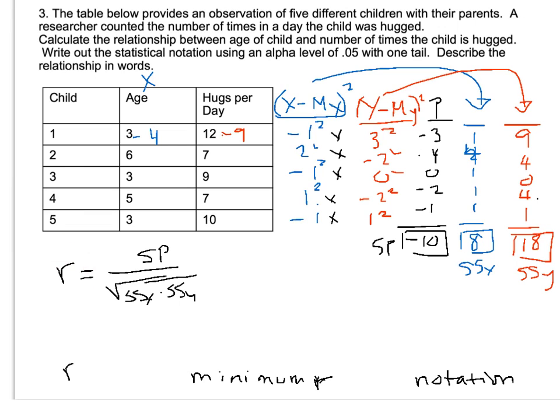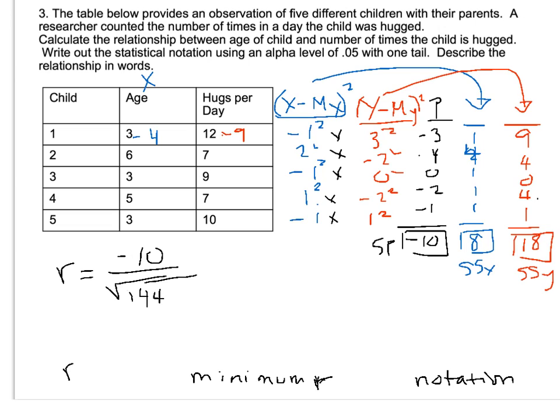So this is my equation down here. I have R equals SP divided by the square root of SSX times SSY. And then I'm going to replace SP with negative 10, SSX with 8, and SSY with 18. And so those are my numbers being replaced. And so now I have 8 times 18, and that is 144.